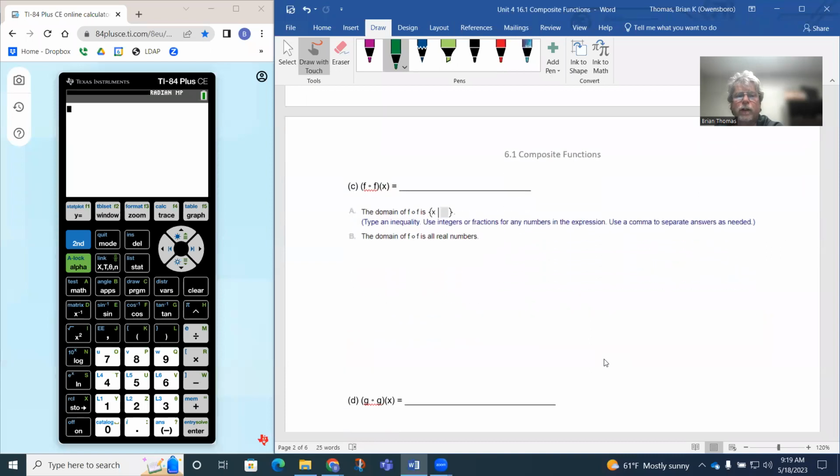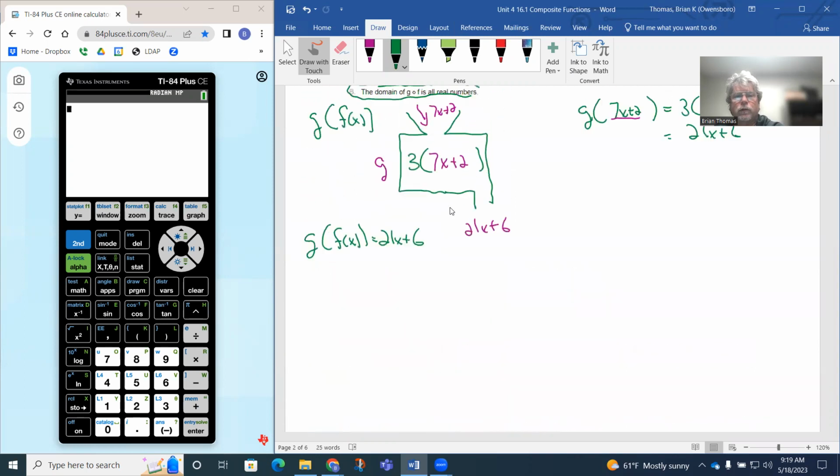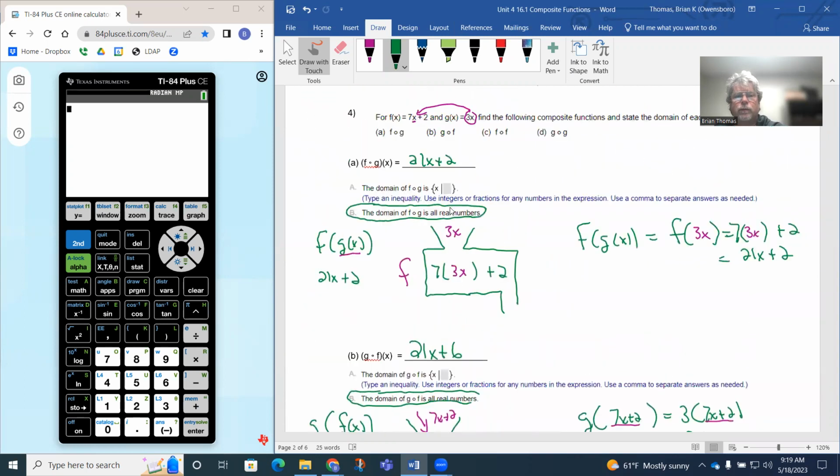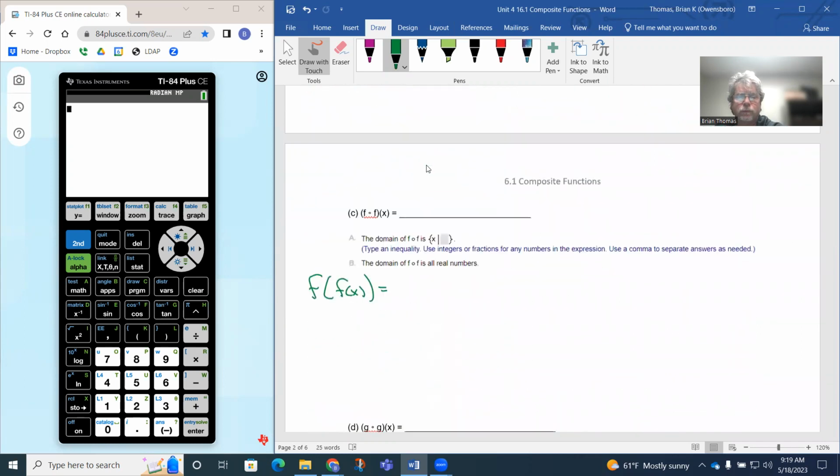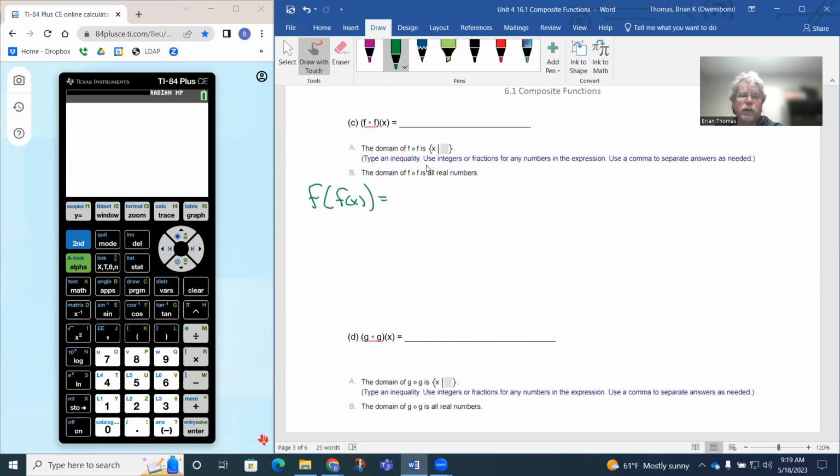So if we have f of f of x, so again, this really means f of f of x. So notice how f of x was this 7x plus 2. So this becomes then f of 7x plus 2.